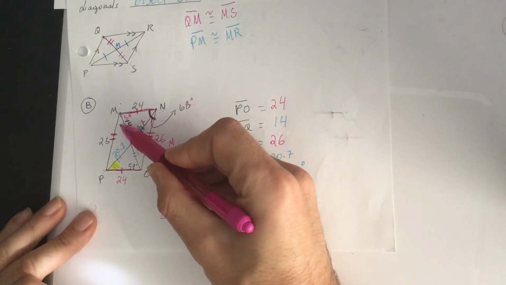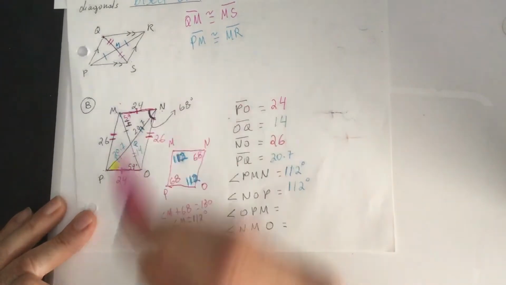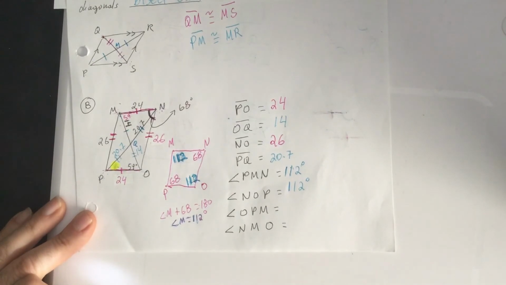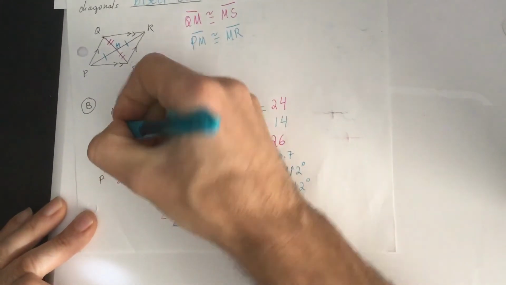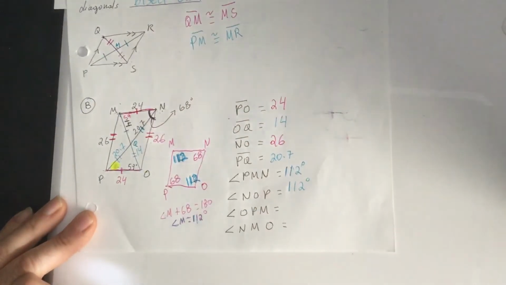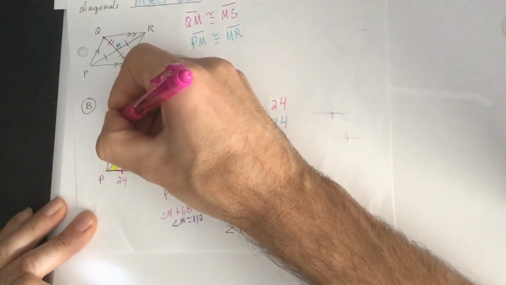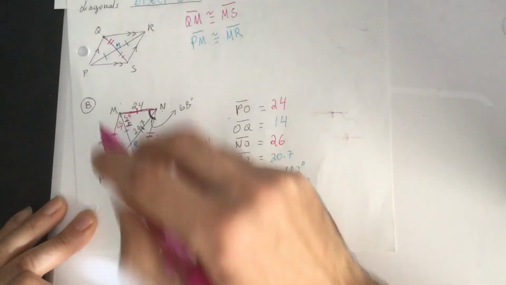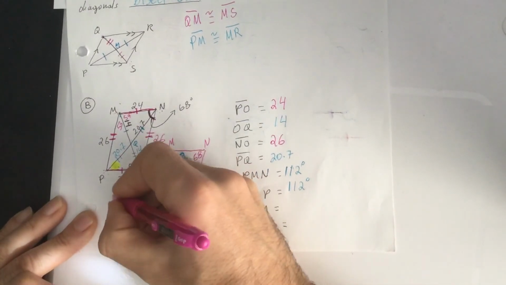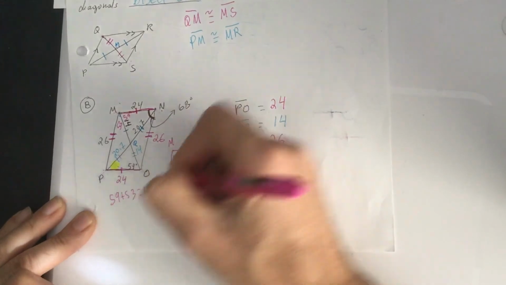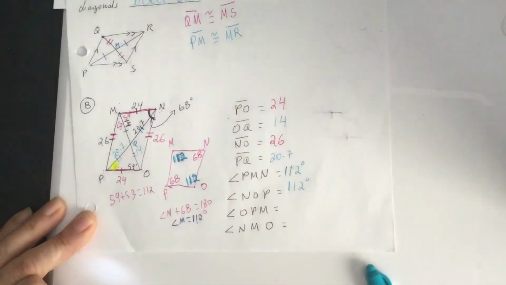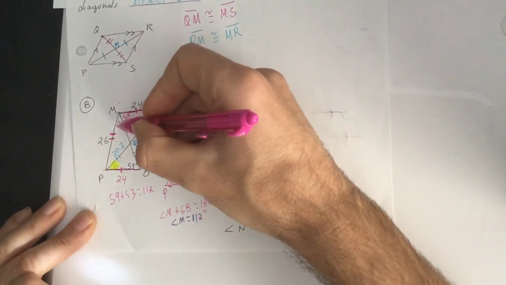This one has to be 53 because 59 plus 53 is going to be equal to 112. Remember, the whole thing is 112, so this is going to be 53. Because 59 plus 53 is 112. That's what we got right here, right? So this is 59, this is 53.